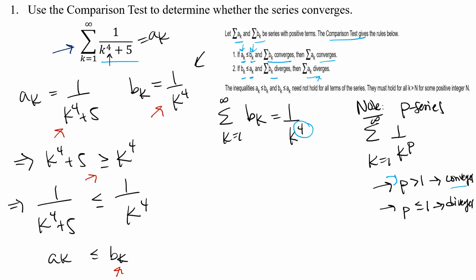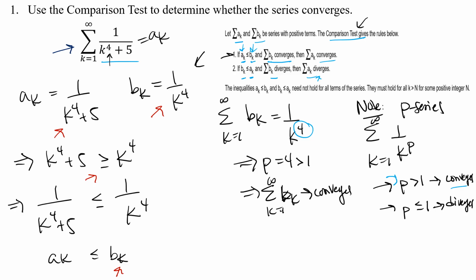So since our p equals 4 is greater than 1, it looks like our b sub k converges, based on that p-series, all right? Well, remember, based on the comparison test, if our a sub k is less than our b sub k, then whatever the series for b does, so does our a, okay?